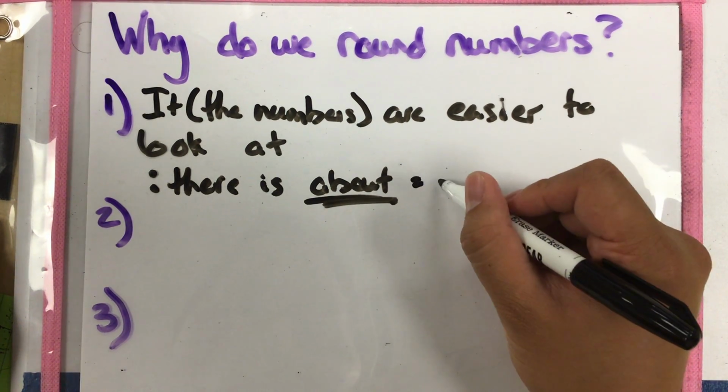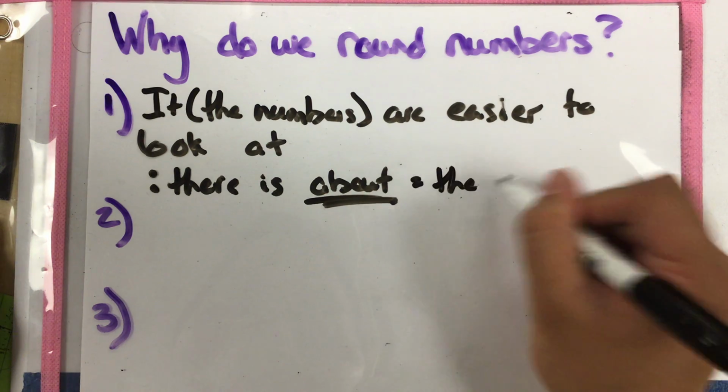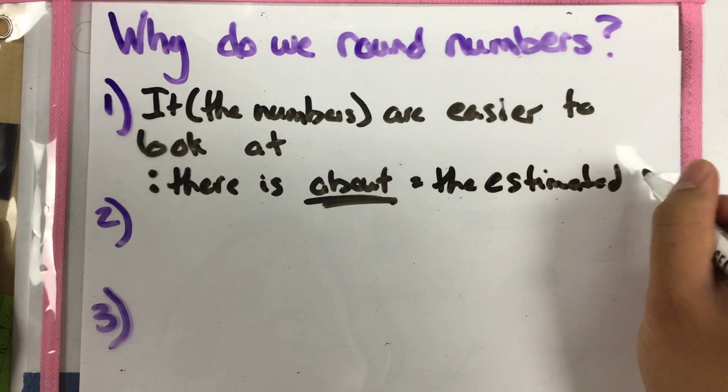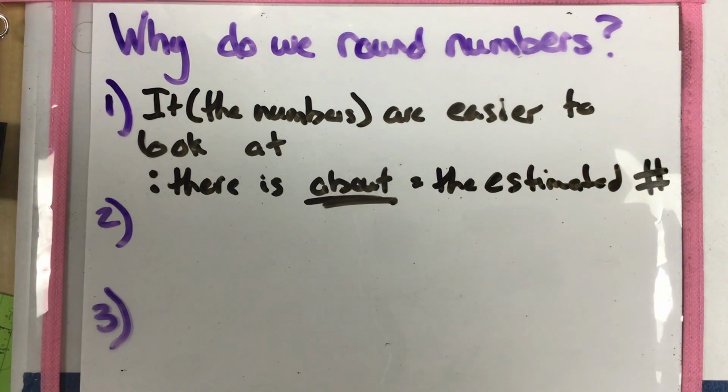So "there is about" means the estimated number. We're looking at a lot of zeros when we're rounding numbers, okay? The more zeros we have, the easier it is to do math. And the more zeros we have, the better our rounded number would be. If we're just rounding to the tens place, to make something more accurate, it doesn't really help us.